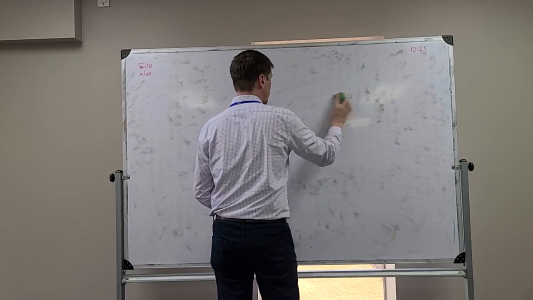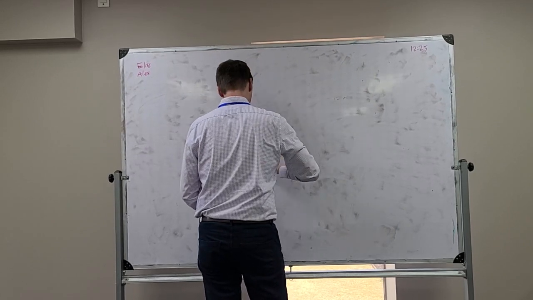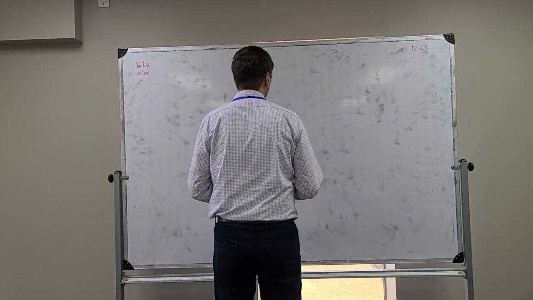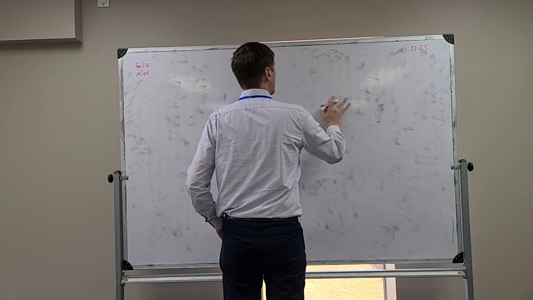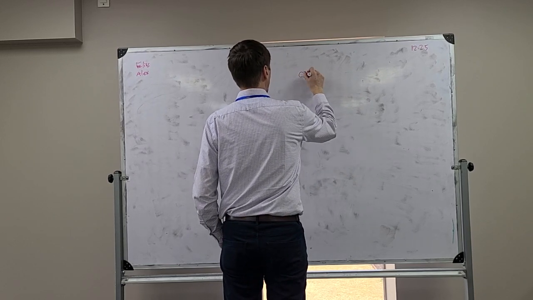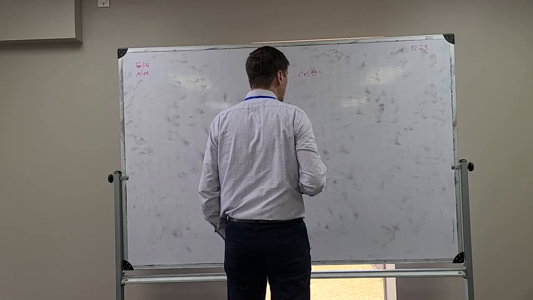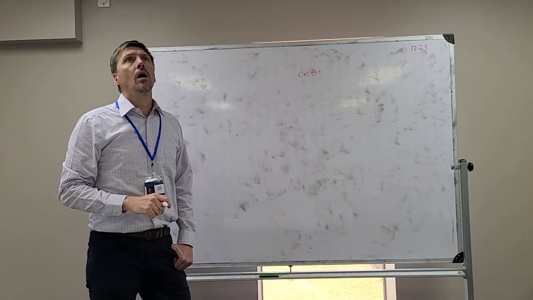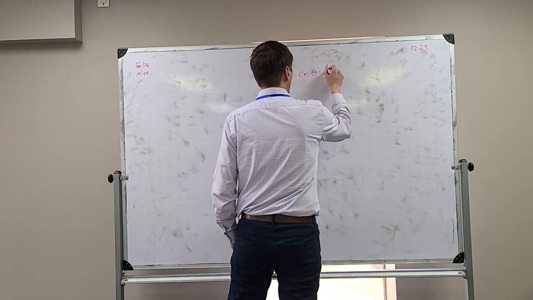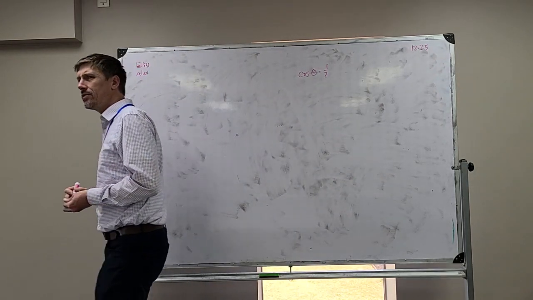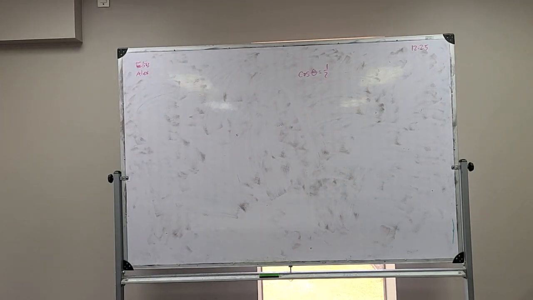You guys have your unit circles? Yes, sir. Okay, so let me ask you a question. If I told you that the cosine of theta equals 1/2, could you tell me what theta is? Theta equals the inverse cosine of 1/2.